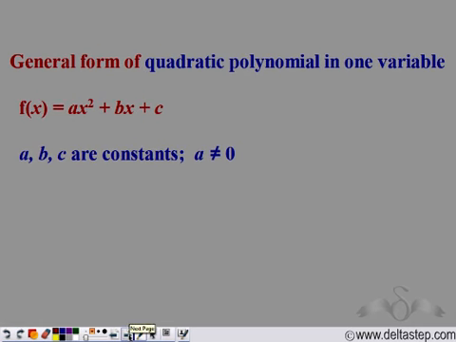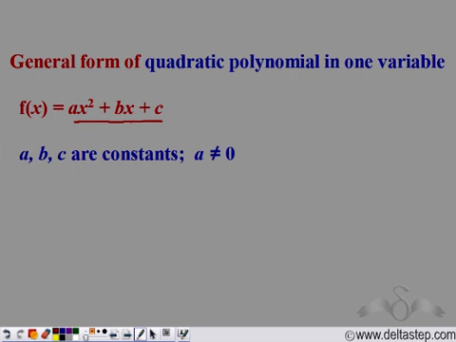Now what is a quadratic polynomial? A quadratic polynomial is a polynomial of degree 2. That is, the highest power of the variable is 2. And a general form of a quadratic polynomial in one variable is ax² + bx + c. f(x) denotes a polynomial in one variable, and the general form of a quadratic polynomial in one variable is ax² + bx + c.